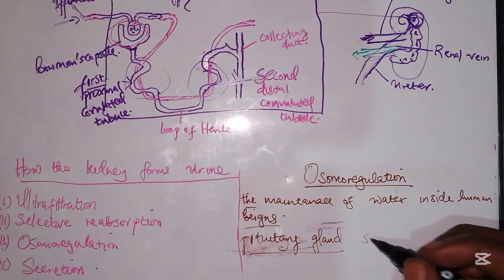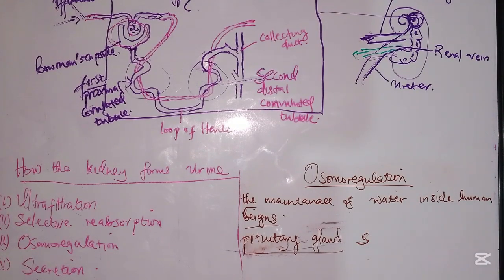So what does this hormone do? So by the name itself, it is antidiuretic. And when you look at the word diuretics, it means you increase the amount of urine excretion. So if it is anti, meaning it is against the excretion of urine. So that's why it is produced, so that it can stop the kidney from excreting excessive water.